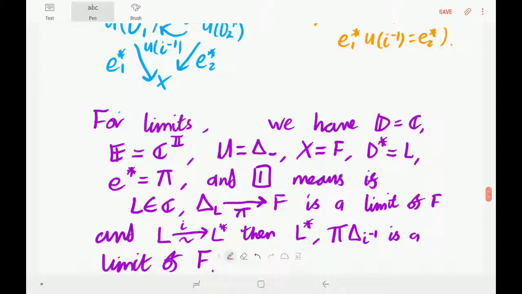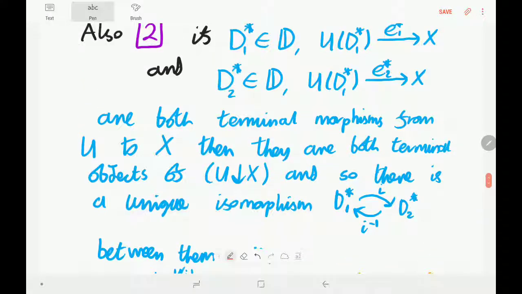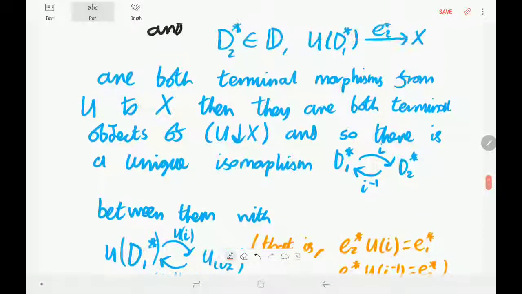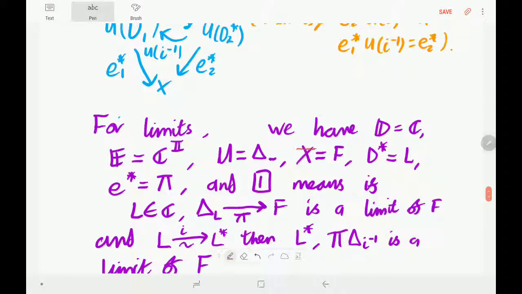But let's go down a bit of a level of abstraction now and see what this stuff means for limits. When we're working with limits, we're going to have D equals C, and E equals this functor category, C to the power of I. The functor U that we're finding terminal morphisms from is this diagonal functor delta. Our object, which we're making terminal morphisms to, which we used to call X, is just this functor F. And the actual terminal morphism involves this object D star, which we're calling L, and also this arrow pi.